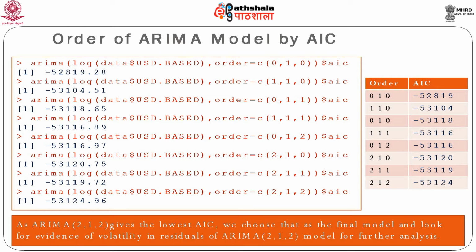So now we will fit the ARIMA 2, 1, 2. As I told, arima is the function. So I fitted the ARIMA model the same way that was done for calculating the AIC: arima of the log data $USD dot based, and order equals 2, 1, 2.